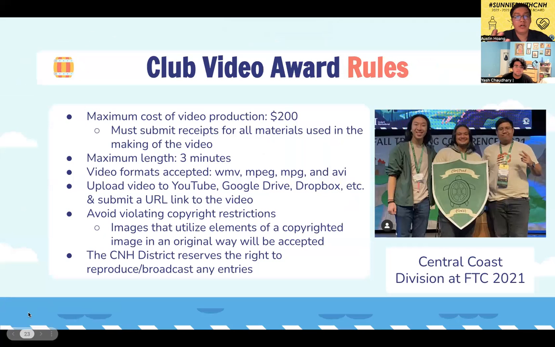So just some quick rules and logistics about your club's video submission. The maximum cost of your video production is $200, and you'll be asked to submit all receipts for any materials that you used in the making of the video on the form stack form. The maximum length for your video is 3 minutes, although if you're 1 or 2 seconds over, it's not a huge deal, but that 3 minutes is a hard maximum length.